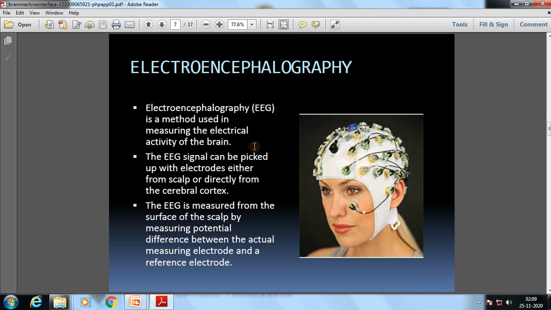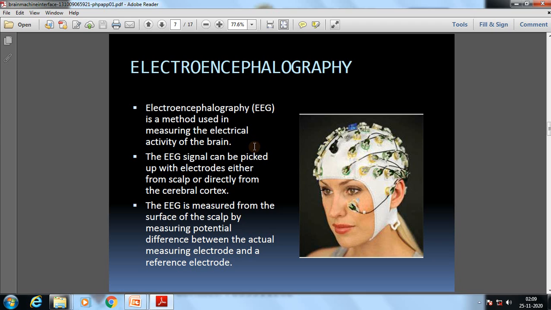Electroencephalography. What is the function of electroencephalography, which is known as EEG? Electroencephalography is a method used in measuring the electrical activity of the brain. The EEG signal can be picked up with the electrodes either from the scalp or directly from the cerebral cortex.